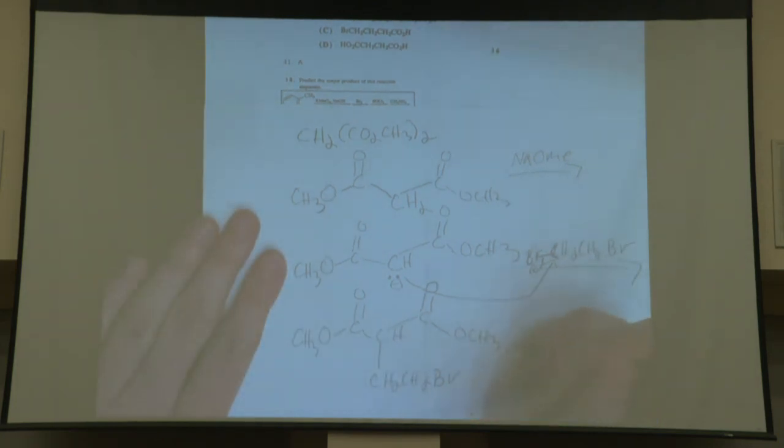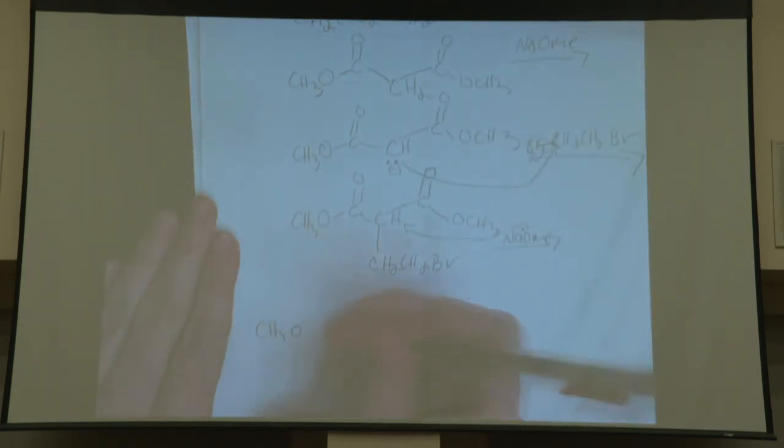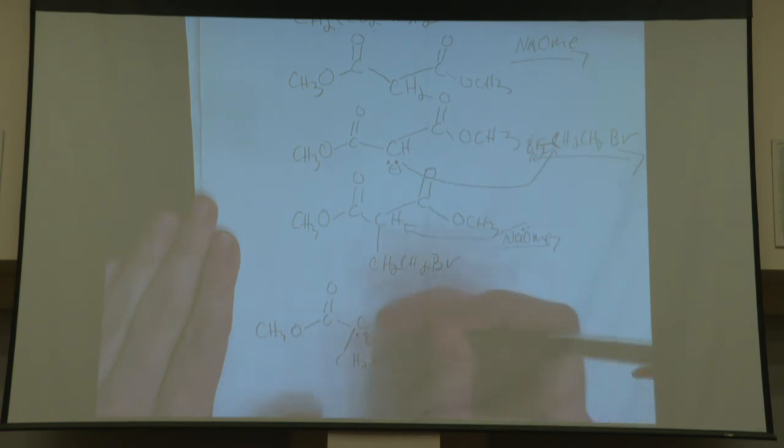Okay, so it's just going to go all over again. We'll have our Naomi pull off the hydrogen. And then we're going to attack our carbon, and our bromine's going to leave.